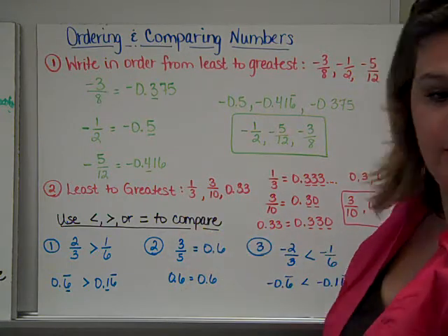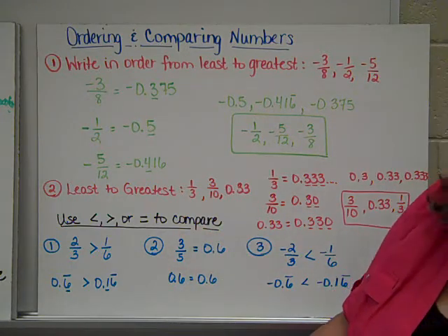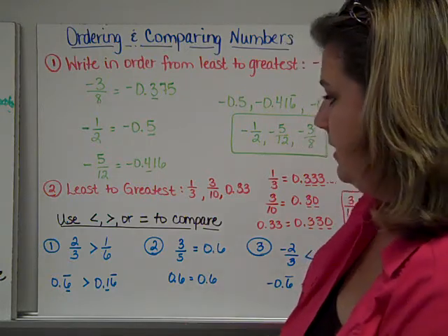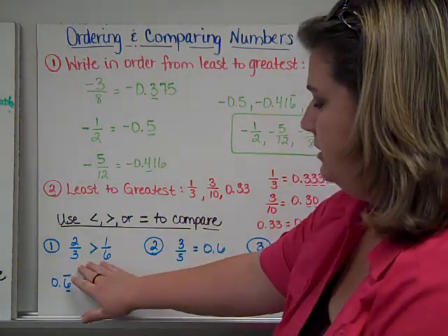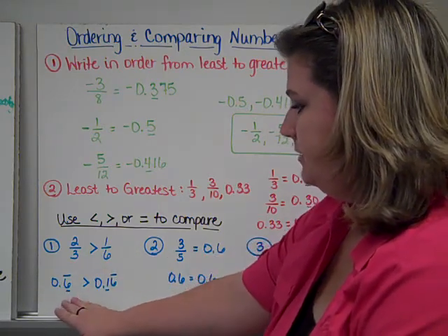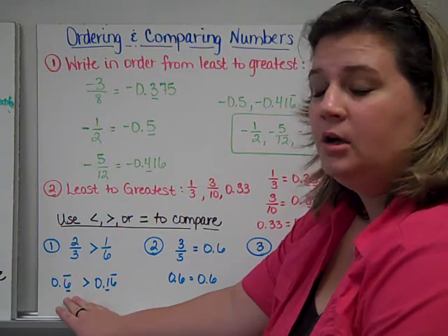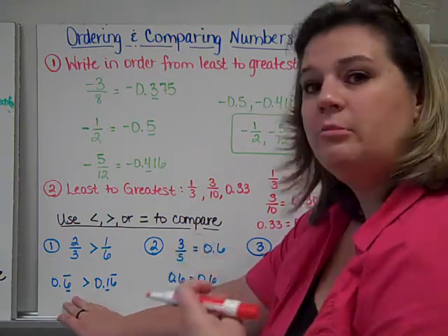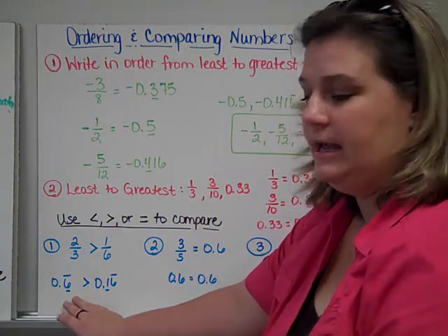Now let's compare some fractions or decimals. Okay? So here I have 2/3 and 1/6. Now converting 2/3 and 1/6 to decimal form, I get this. But if you remember back when, you can also compare fractions by cross multiplying.